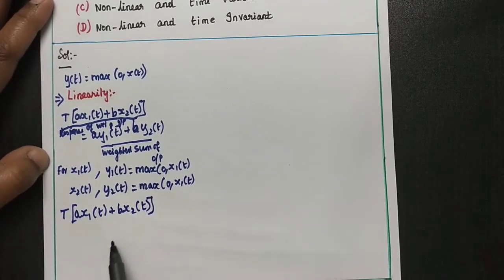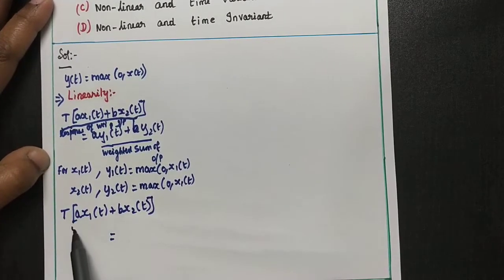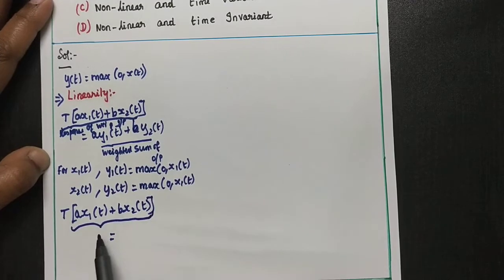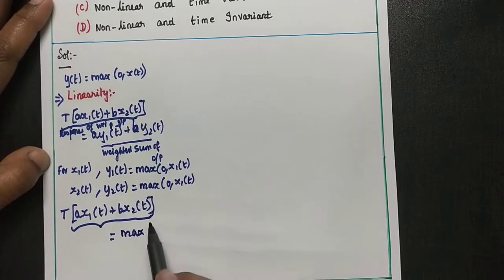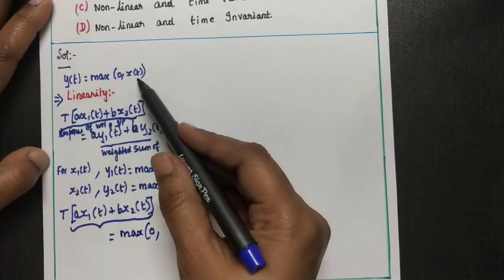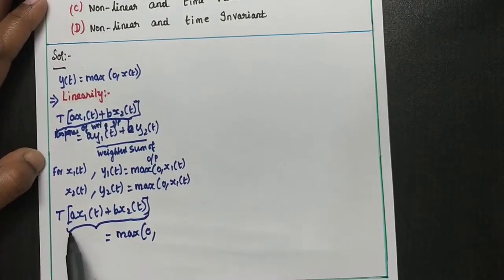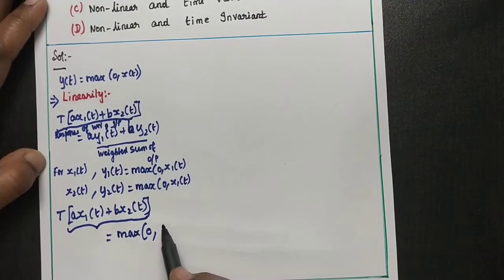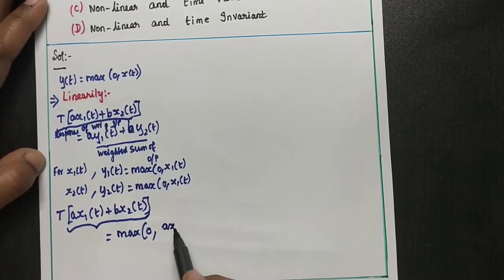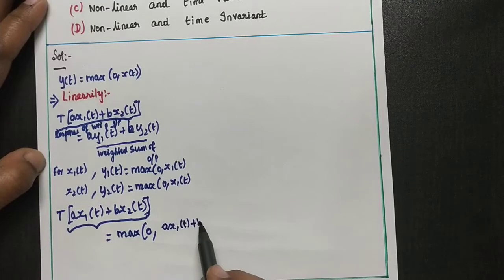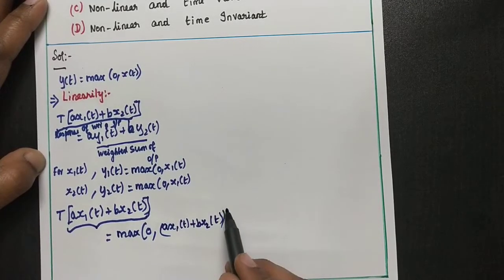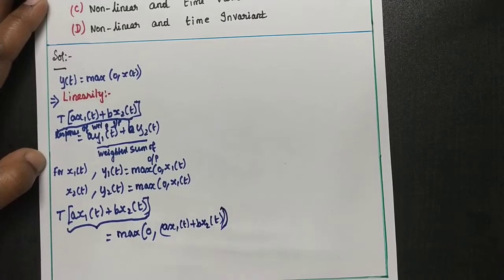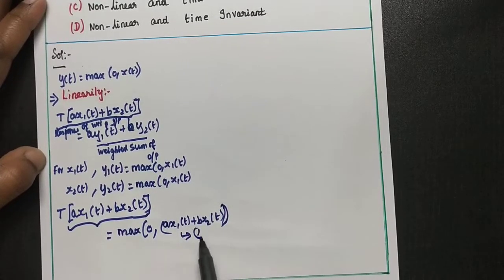That means replacing the input by this whole thing. So maximum of 0, and in place of x of t we substitute the whole weighted sum of input signals, which becomes a x1 of t plus b x2 of t. Let us take this as the first equation.